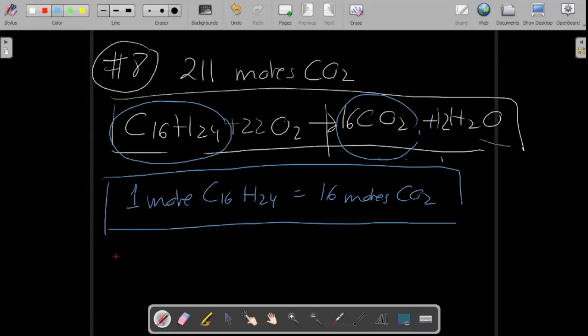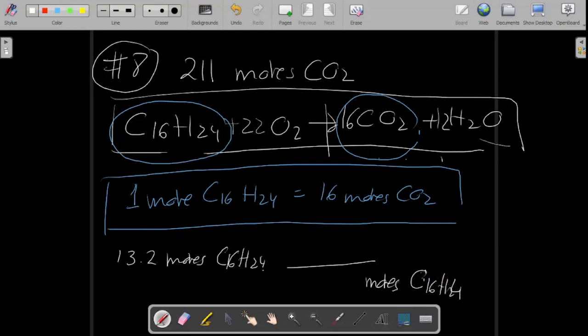Start with the number they give you. So you start with 13.2 moles of that molecule, and open your factor, put down here what you want to get rid of. So you're going to get rid of your moles of this molecule. You're trying to find carbon dioxide, so moles of carbon dioxide is what you want to end with.